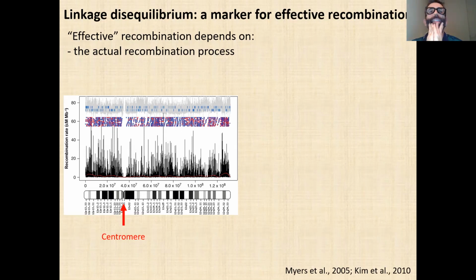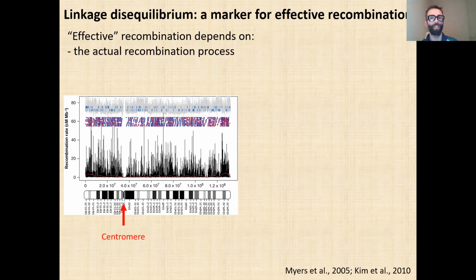But actually, linkage disequilibrium, we use it often in population genetics as a marker for what we call effective recombination. What effective recombination means is simply the power of recombination to mix alleles together, or rather, to keep alleles independent from each other in terms of inheritance.